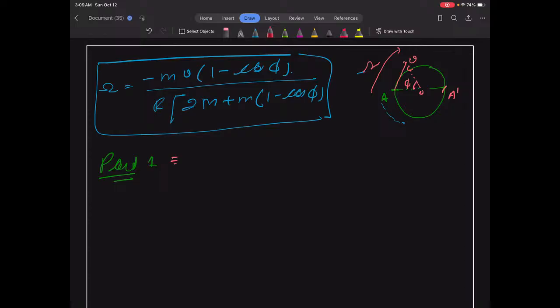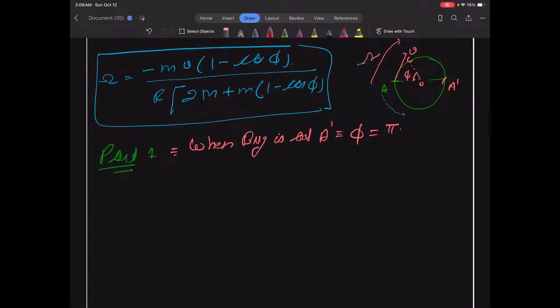Therefore, we can say that when the bug is at A prime, we have phi equal to pi. So we substitute, and because phi appears only in 1 minus cos of phi, this will be 1 minus cos of pi, and cos pi is minus 1, so this comes as 2.